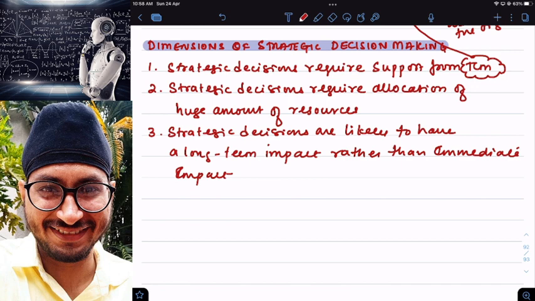Means whatever decisions I'm taking today, it may not have an impact today, but the impact of these decisions I will face in future. So if I take a correct decision today, it will have a positive impact on the future. If I'm taking a wrong decision today, it will have a negative impact on the future. So whatever decisions I take today may have a short term impact also, but it will also have a long term impact.